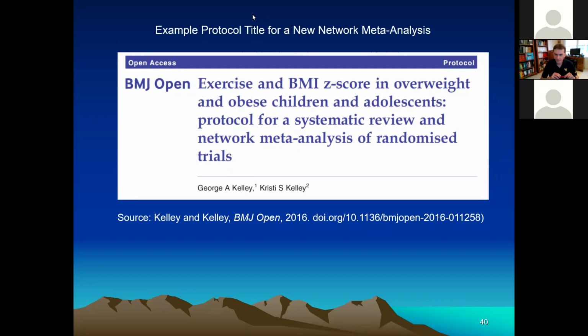In a regular meta-analysis, to put it that way, you have only controlled trials, and in the network you can add other types of designs. Yes, in a network meta-analysis, you can include randomized trials that don't have a control group.